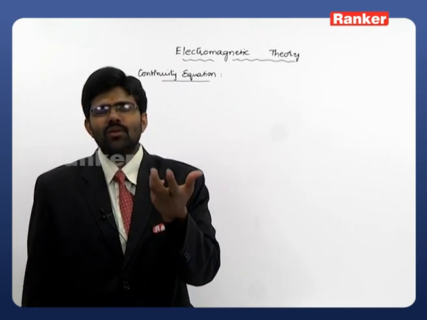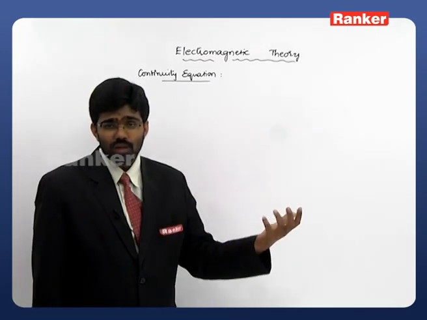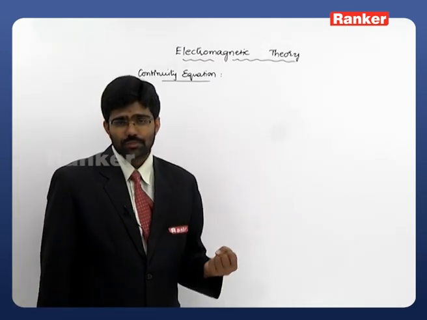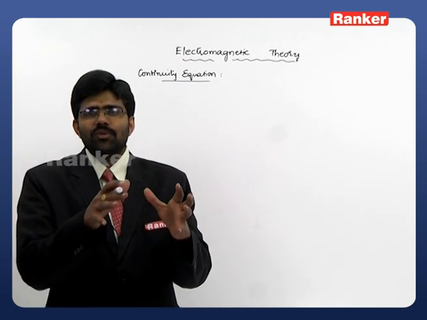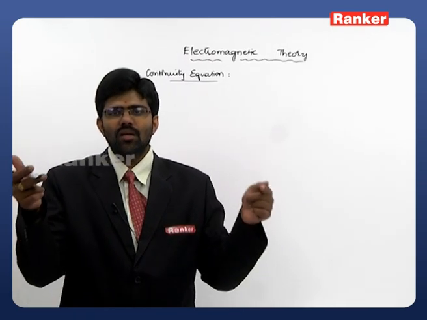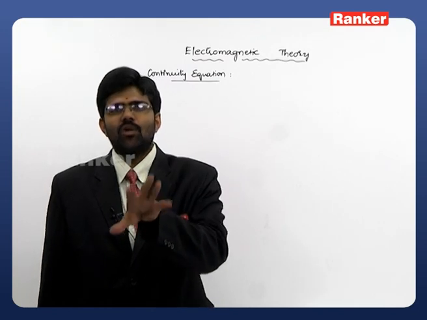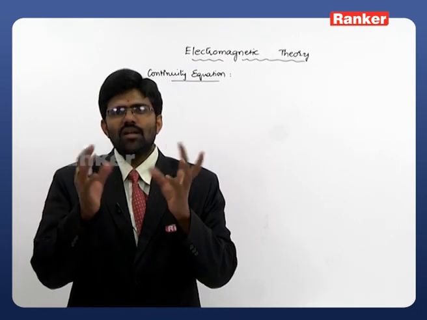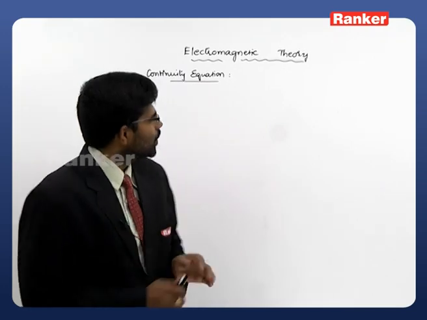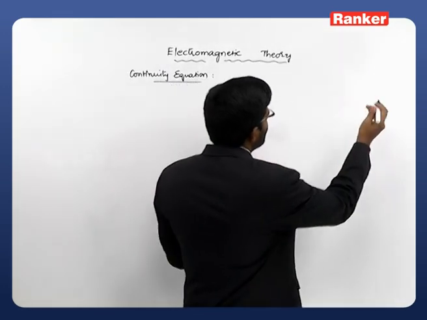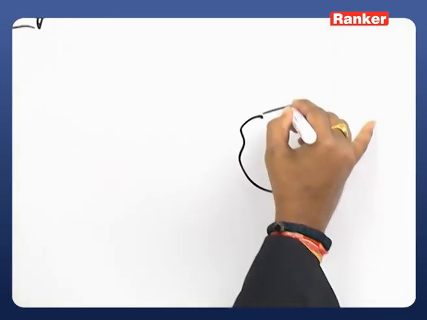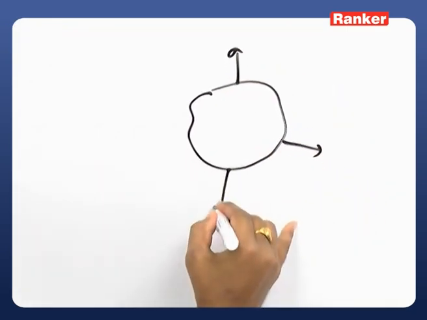So clearly the continuity equation, or continuity theorem, in our electrostatics is like this: the total current leaving from the surface is equal to the rate of decrease of charge within that particular closed surface. We are observing how much current is leaving through this closed surface.